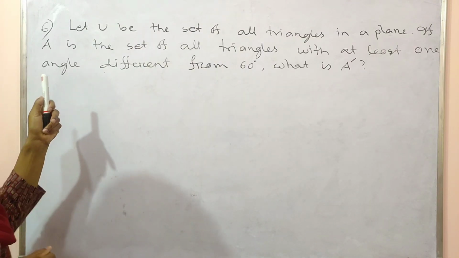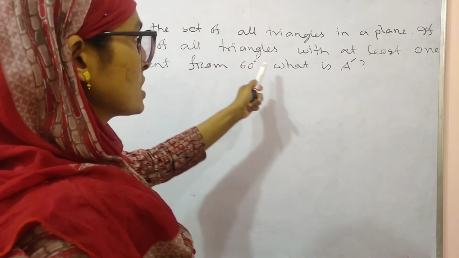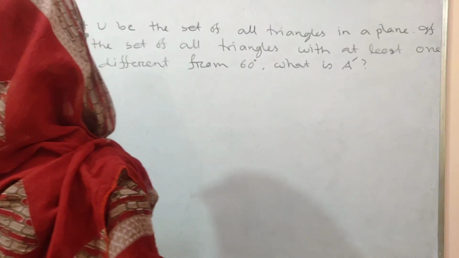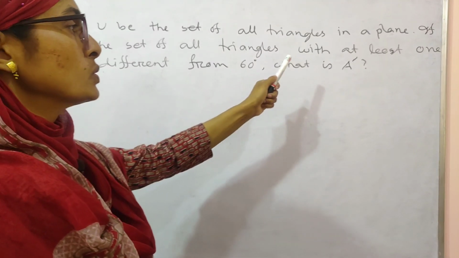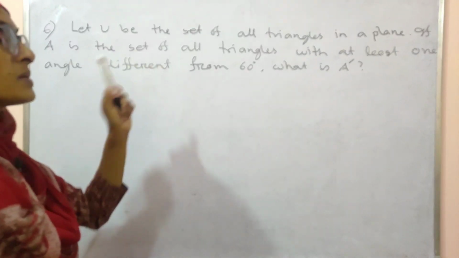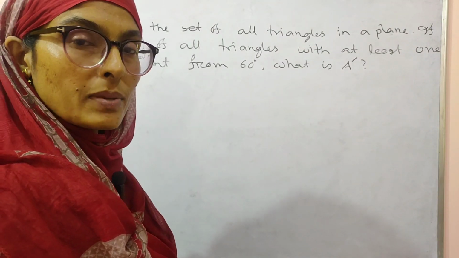Next, question number 6. Let U be the set of all triangles in a plane. If A is the set of all triangles with at least one angle different from 60 degrees, what is A complement?